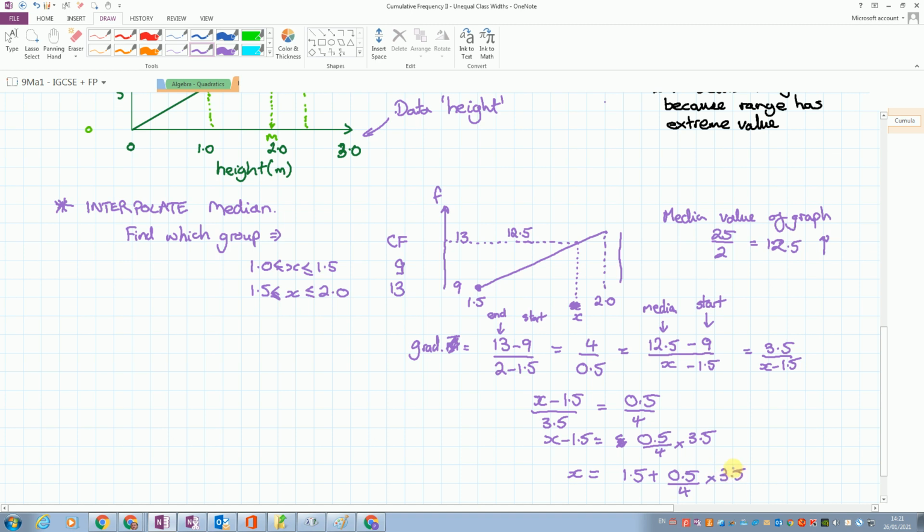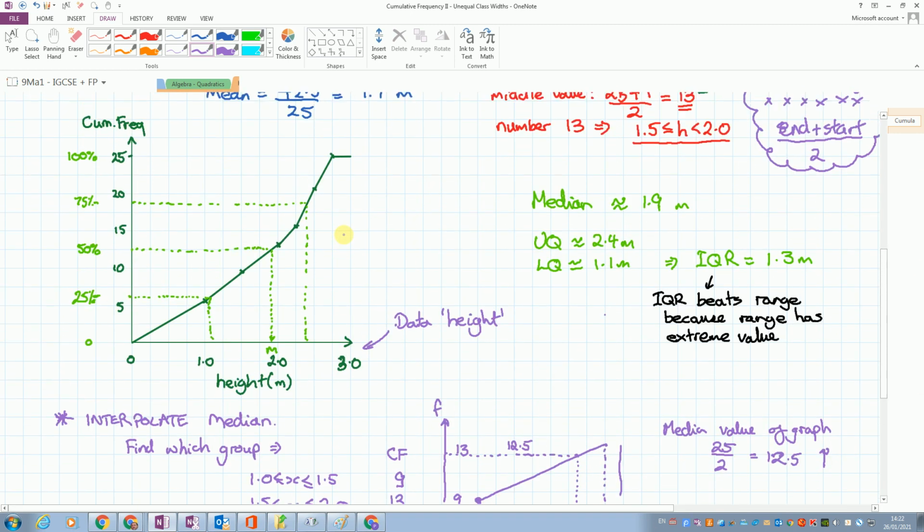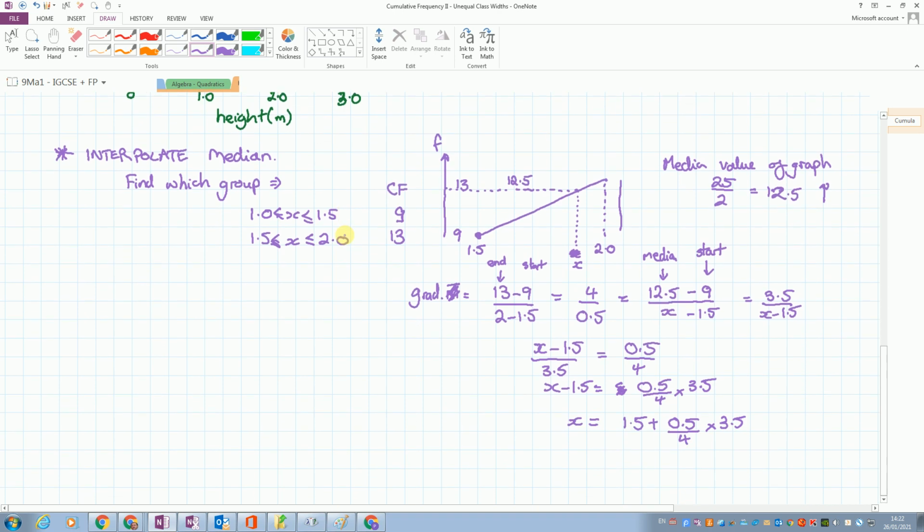And when I do it on the calculator, 0.5 times 3.5 divided by 4 and add 1.5 to it, it comes back with a median of 1.94, yeah, 1.94, 9375, and we actually calculated my median as 1.9 before.